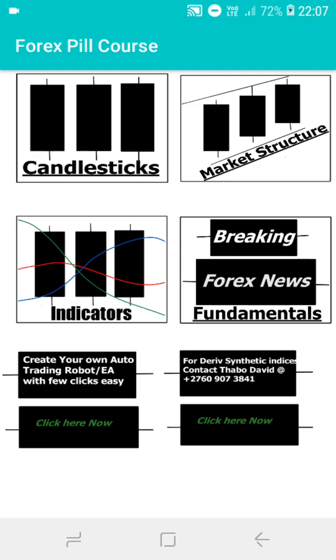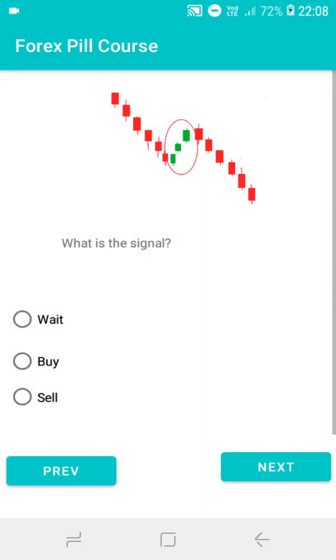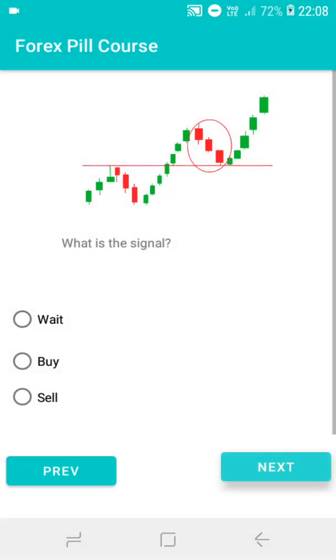And then go and download this app. Enjoy learning forex trading very fast. Don't waste time on things that don't matter. Everything that matters is in this app. Everything. And it's simple. 10 questions, 15 questions. The candlestick one is the one with 15 questions, because there's a lot with candlesticks. And then the market structure, these are the market structures that you only need to understand. The rest is just for fame and useless.